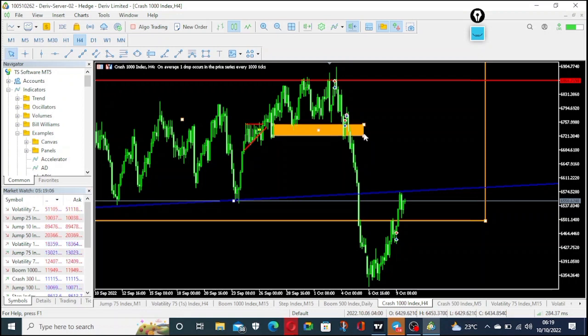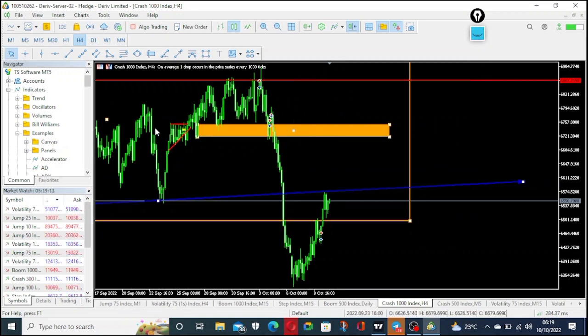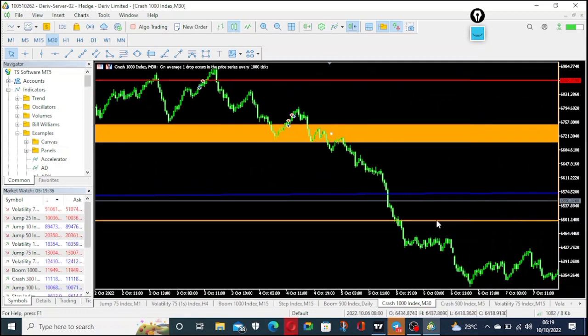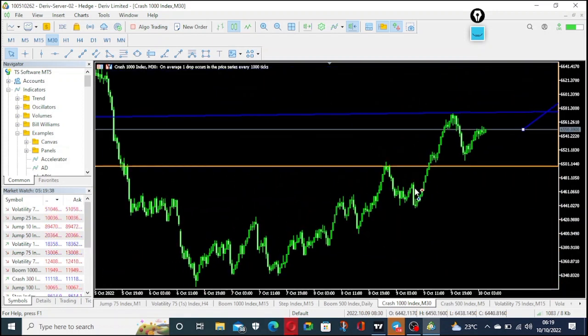We have had several touches here, so we have this level. We might be expecting price to push up to this level before it starts coming down. So we can actually buy Crash 1000.